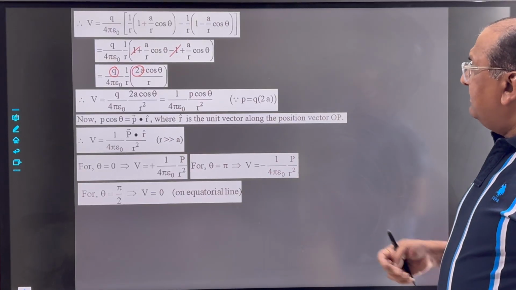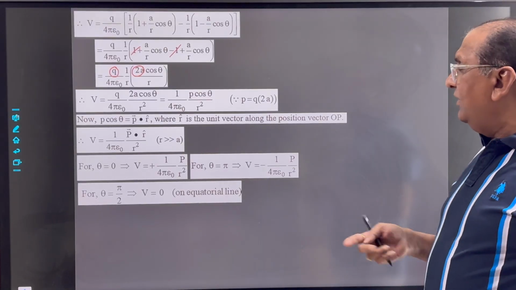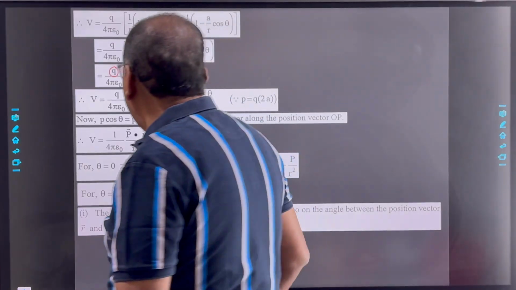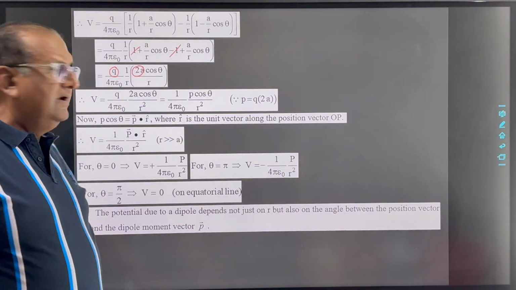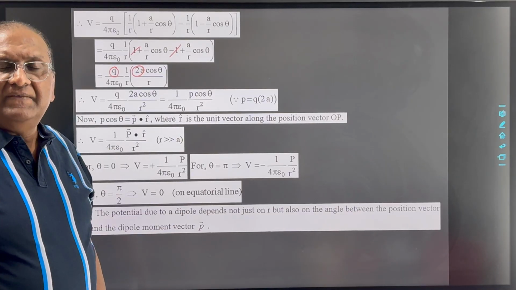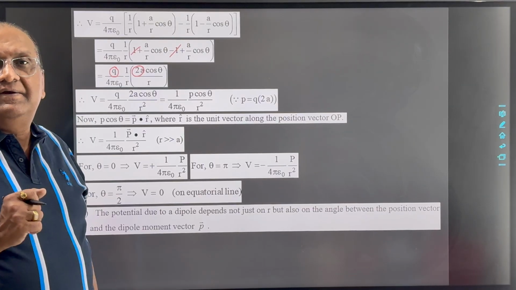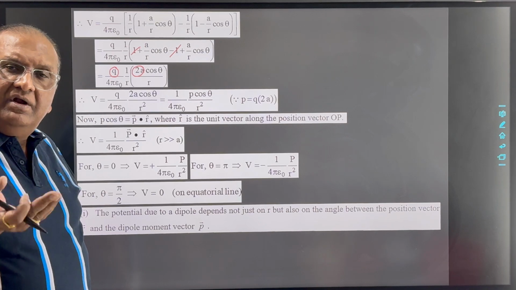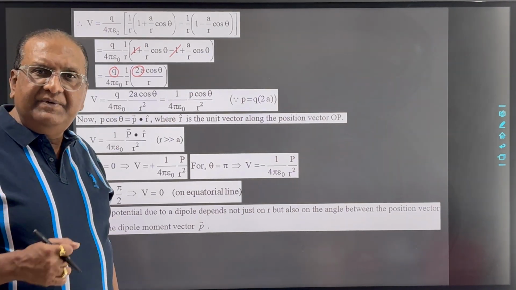Now, here we have the electric potential at a point due to an electric dipole. And here we can see this thing, the electric potential does not depend only on the distance R, but it also depends on the position of the point with respect to the dipole, or we can say dipole moment, because here this cos theta appears.